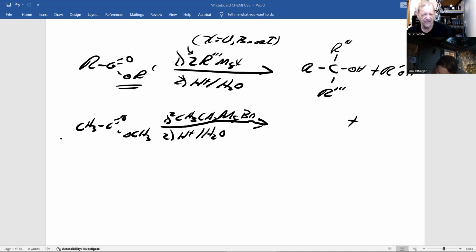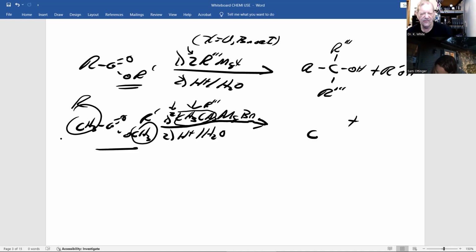An ester. This is R prime. This is R. What do we have here? 2 of this Grignard, where our R triple prime is this ethyl. So keep your eye on the carbonyl carbon. What's attached to it are methyl. Then you'll have your 2 R triple prime, ethyl.